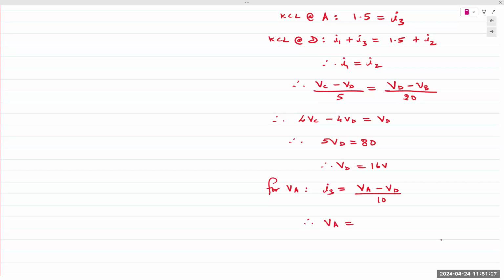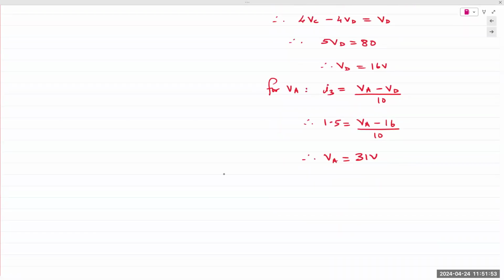Rearrange the terms, and you obtain VA is, actually, 1.5 is equal to VA minus VD, which is 16, divided by 10. So VA is 1.5 times 10, 15 plus 16 gives me 31 volts. Therefore, my Thevenin voltage VTH, which is equal to the open circuit voltage VOC, which is equal to VA, is 31 volts.